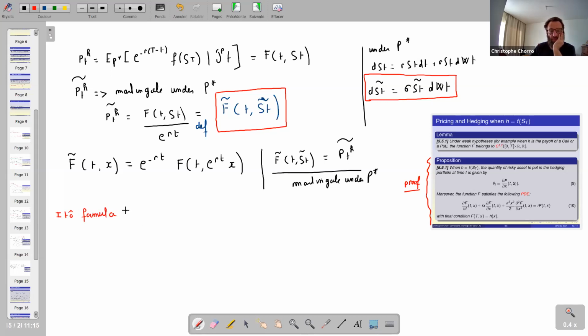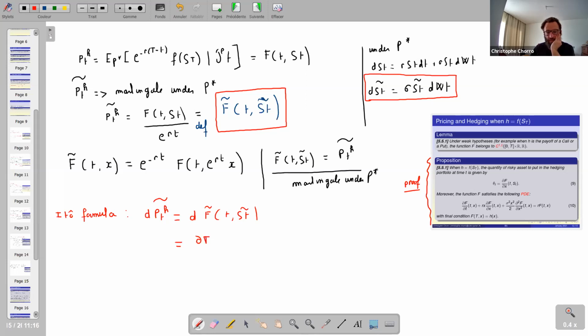The Ito formula gives me the following: d of P_T H tilde is equal to d of F tilde T, S_T tilde.